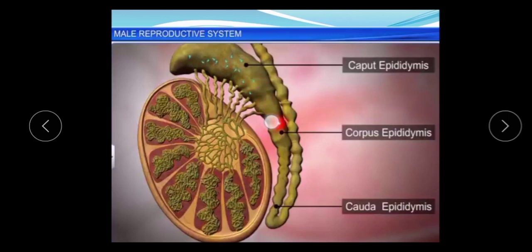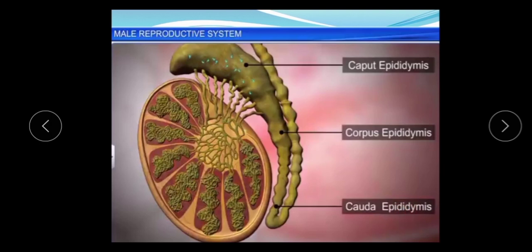This is the epididymis, which is a tightly coiled structure, about 5 meters long. It is divided into 3 parts: the caput epididymis, the corpus epididymis, and the cauda epididymis.